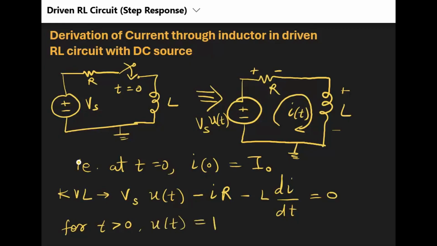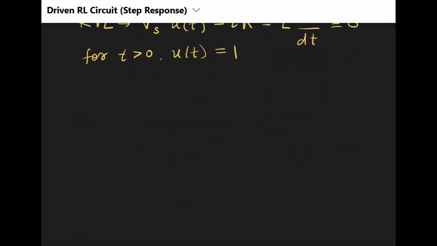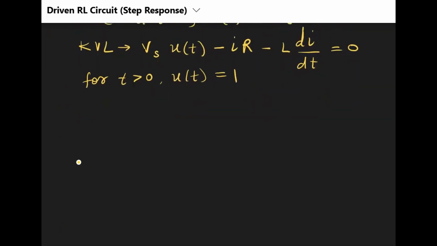We can rewrite the equation here: Vs minus iR minus L di by dt equals 0, and the condition is that t is greater than 0.